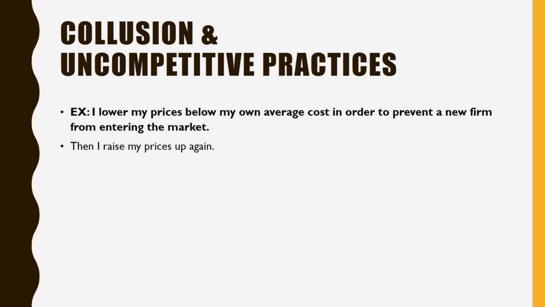And then after they fail, this new firm can't enter, or they fail, I'm going to raise my prices up again. Well, that's a whole different situation, right? Now, if I'm just one of many firms, this isn't going to really do that much, right? If I'm one of many firms, then I probably can't myself keep a new firm from entering.